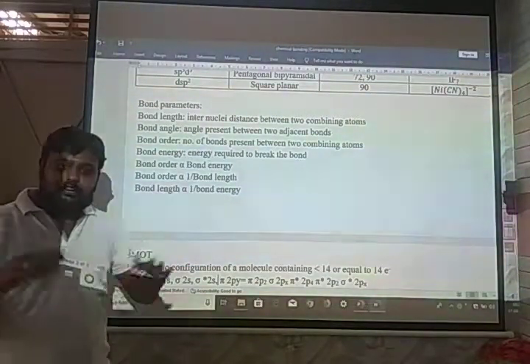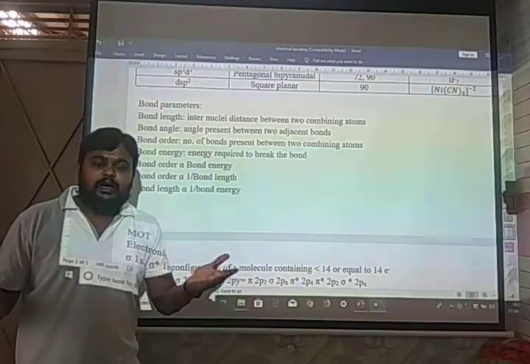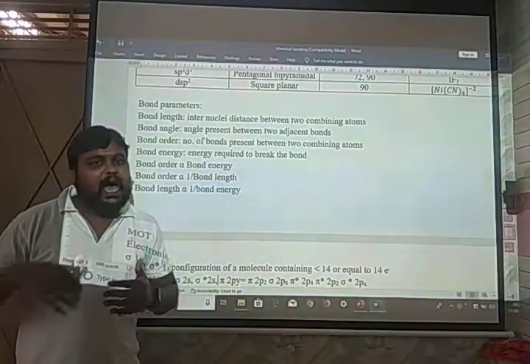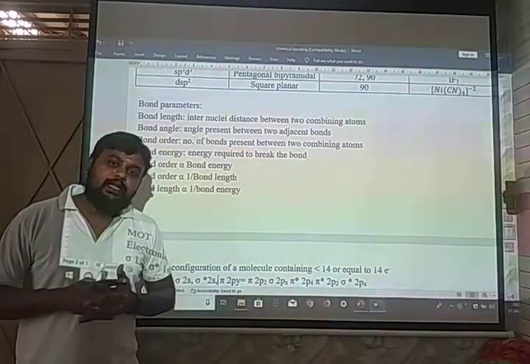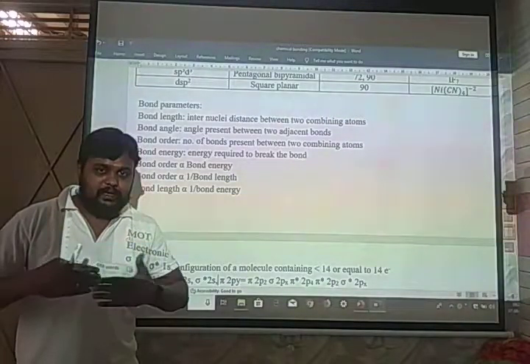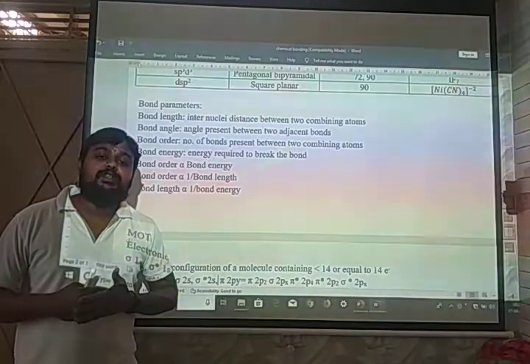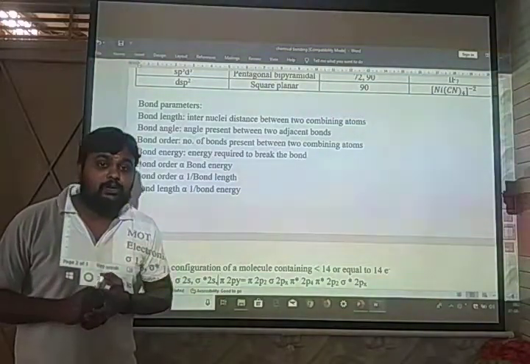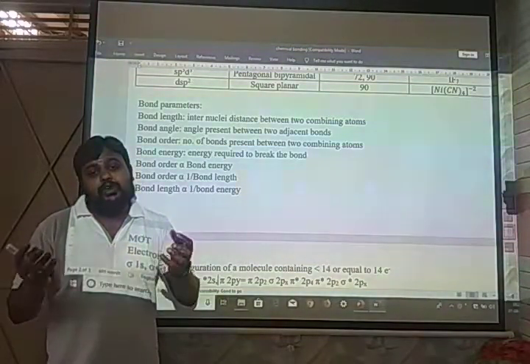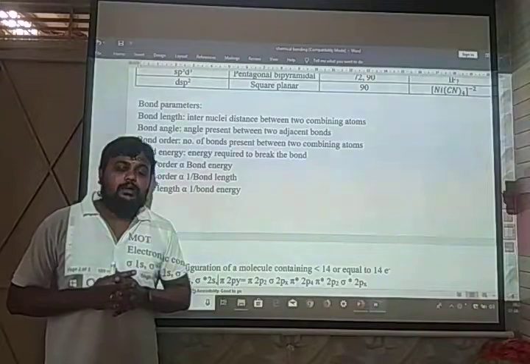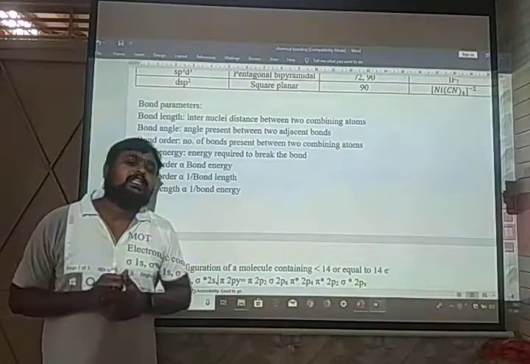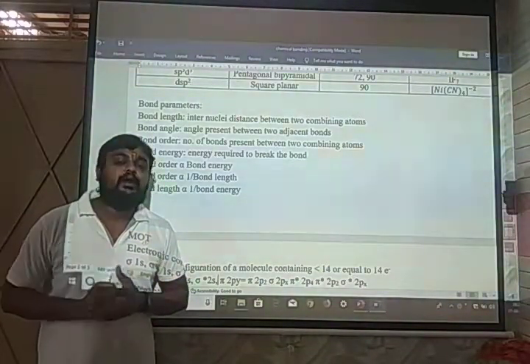We have two types of bonds in a molecule. One is equatorial bond, another one is axial bond. Equatorial bond means the bond present inside the plane, whereas axial bond means the bonds which are perpendicular to the plane. If you have any lone pair with the molecule, then you have to go through this point. Remember, very important point.